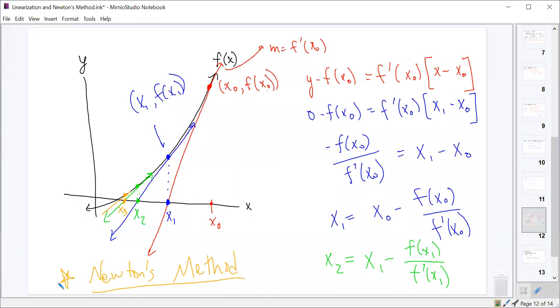You could repeat this process a few times and get a very accurate representation of that x-intercept. And in fact, this is how your calculator approximates x-intercepts for you. It just repeats this process over and over again until it gets a very accurate decimal approximation of the x-intercept. Isn't that cool?